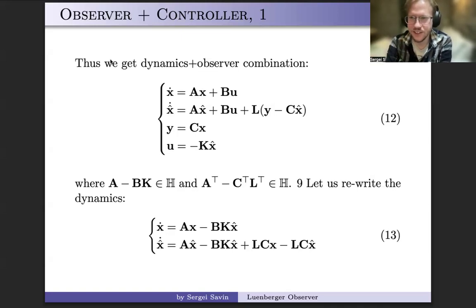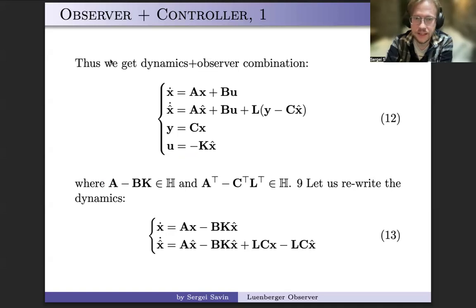The reason is that in the realm of observers, there are many observers that look very similar to Luenberger, which you cannot assume are stable.